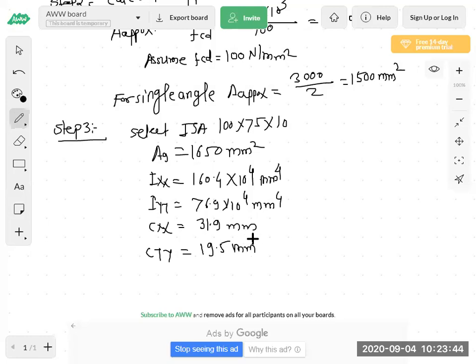So these are the properties required for calculation of moment of inertia in step number 5. This is step number 3.